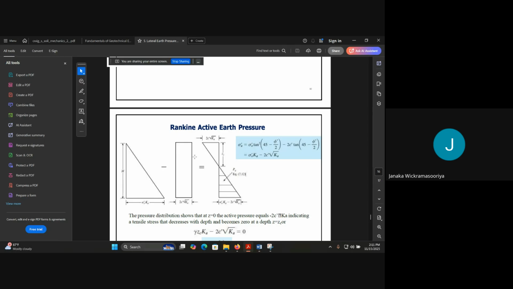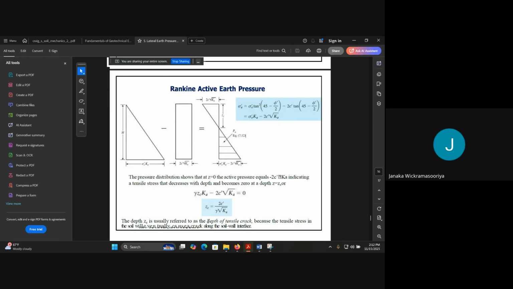Did you understand? This 0 minus something, that will be minus. At a particular depth, this positive value and this negative value would be 0. So this depth is called the critical depth.